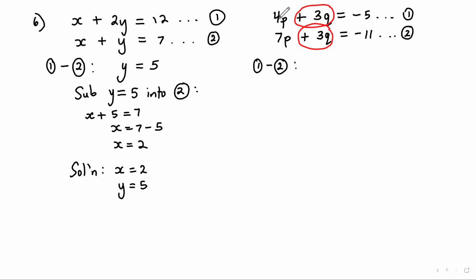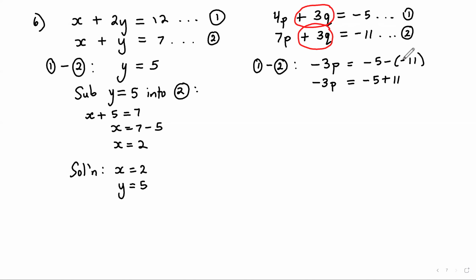That would mean 4p take away 7p is negative 3p. And then guys, this part, negative 5 take away negative 11. I'm actually going to write that out so you could see it. This would work out to be negative 5 plus 11, right?